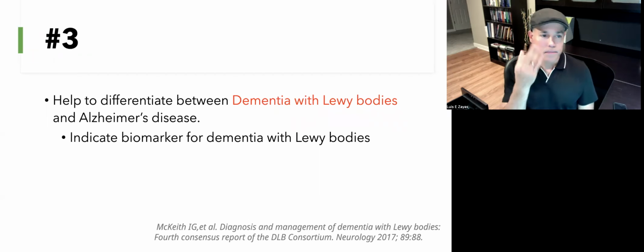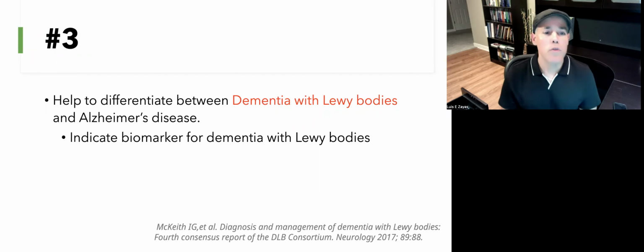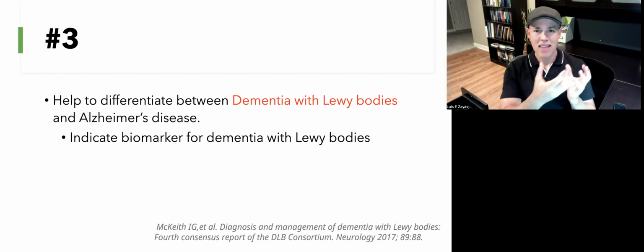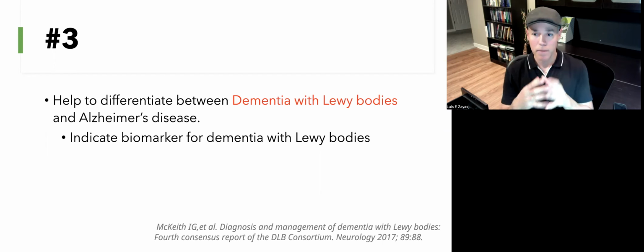Reason number 3, to help differentiate between dementia with Lewy body and Alzheimer's disease. It is actually an indicative biomarker for dementia with Lewy body. When I say biomarker, I mean an objective biological marker that is a sign of an abnormal process going on in your brain.